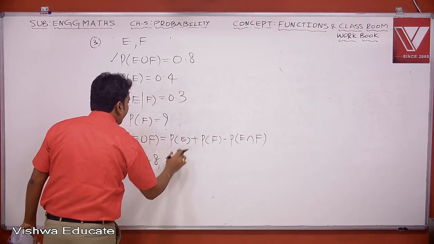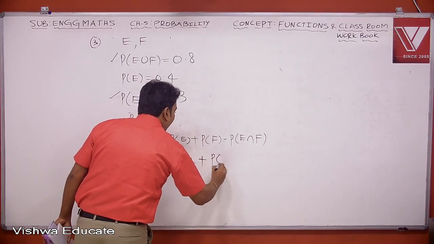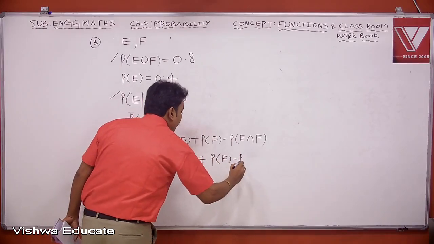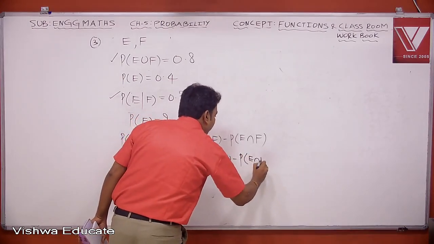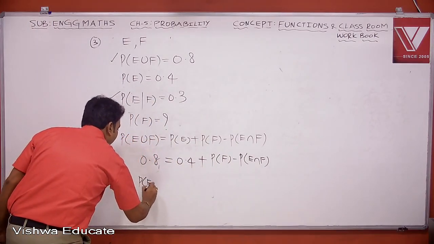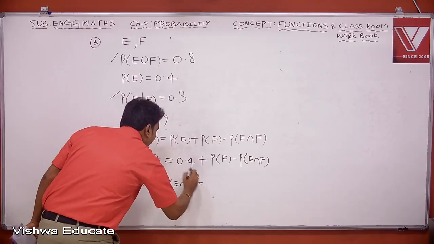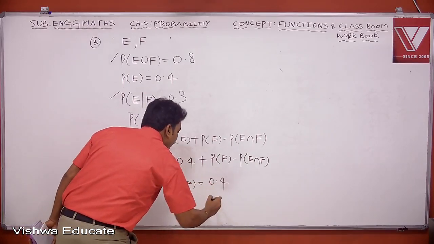So 0.8 equals P of E, which is 0.4, plus P of F minus P of E intersection F. Therefore, P of F minus P of E intersection F equals 0.8 minus 0.4, this is 0.4.